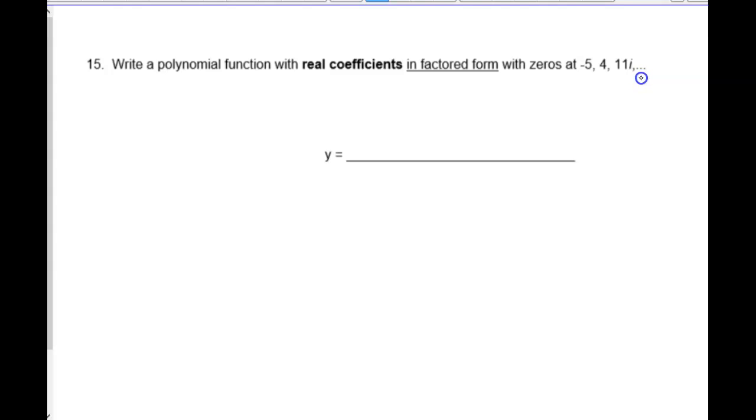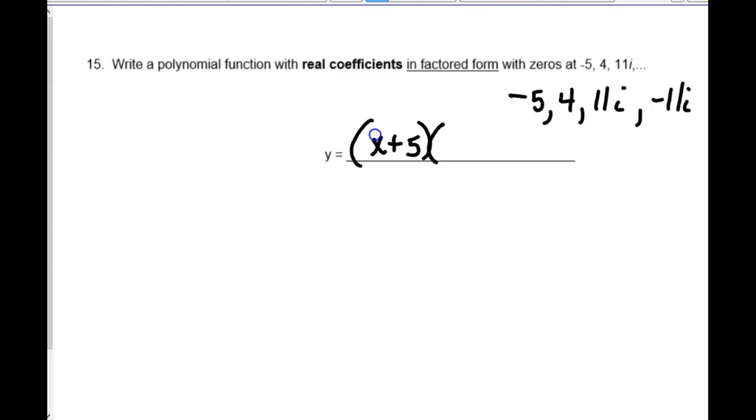That's why there's a dot, dot, dot. Okay, so we have negative 5, 4, 11i, and negative 11i. Okay, if you write those as factors, they become what? X plus 5, x minus 4, and then x.